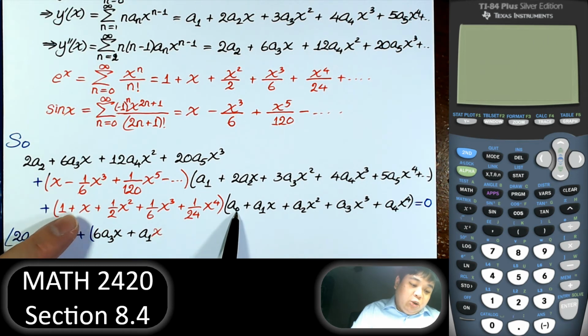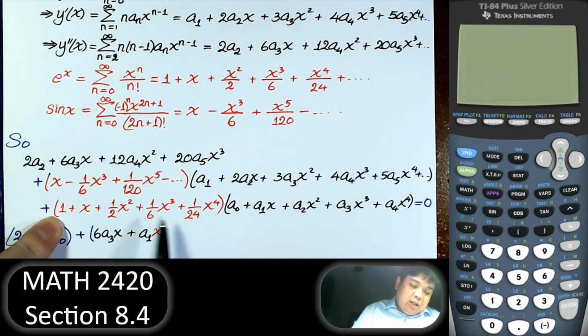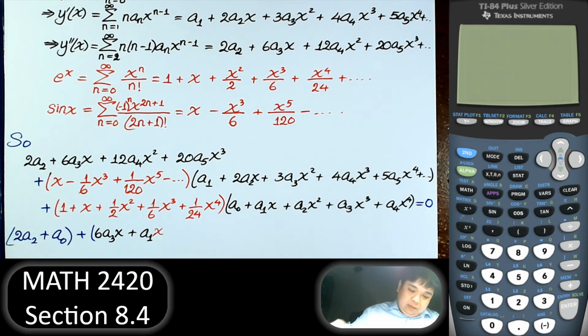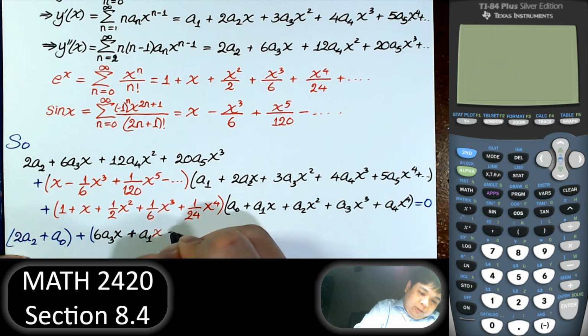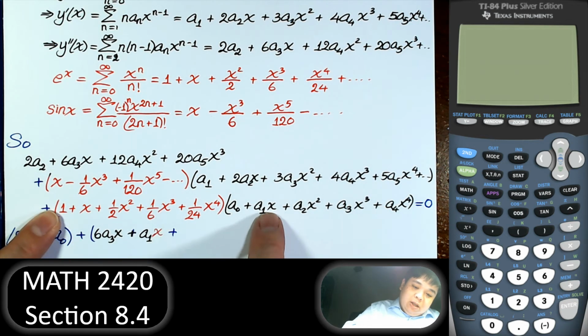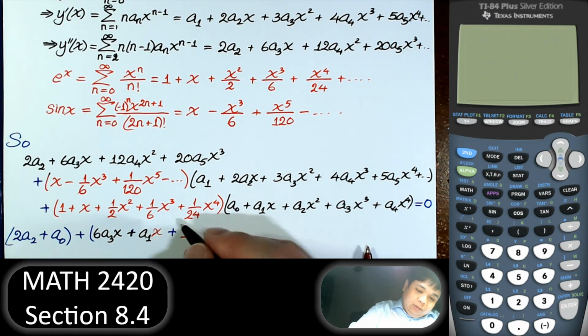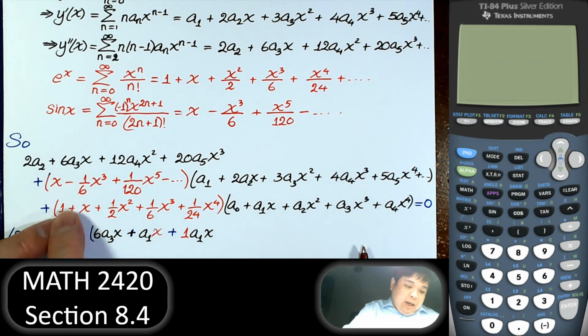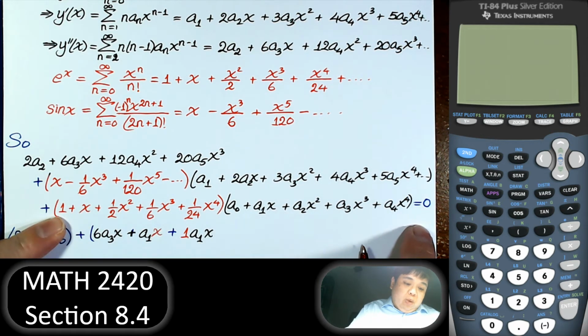Next, in order to get x in this product, 1 times a1x, and the later terms will not give us x.